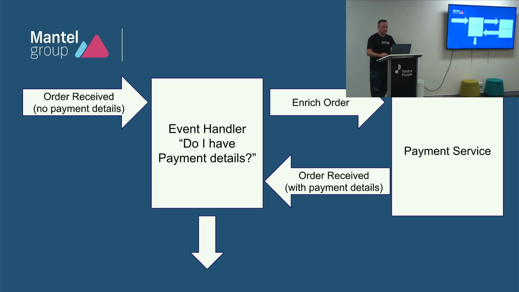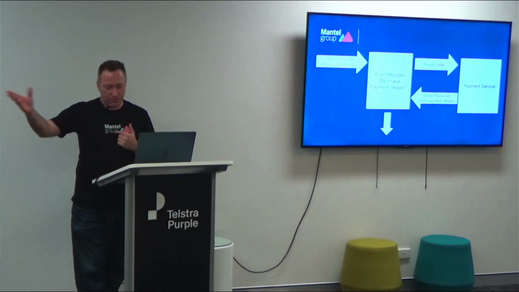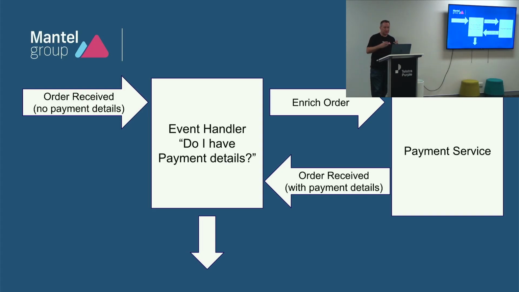But this time the order received has extra state in it, the payment details as well. So this event handler now, all it has to do is look at the message that came in and ask, do I have payment details yet? No, I'm going to call the payment service. I've got payment details, now I can forward to the fulfillment service. So I've got state, but there's no external state in that handler. The state is baked into the messages themselves.